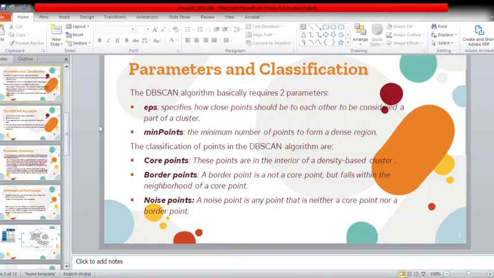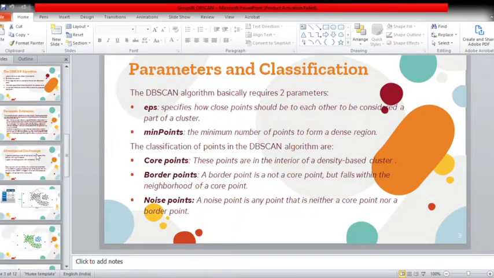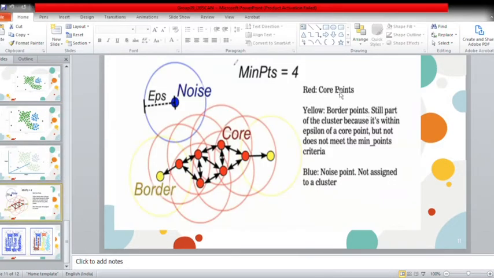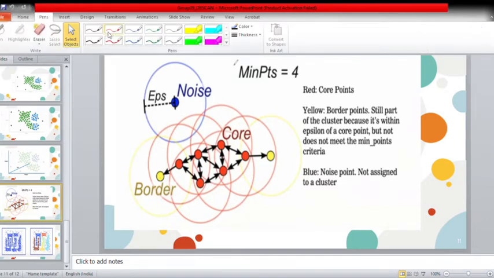Let's understand all these components with the help of a figure. Let's consider some initial points as shown in the figure. Initially, we consider some epsilon value, and let's consider a minimum points value of 4.